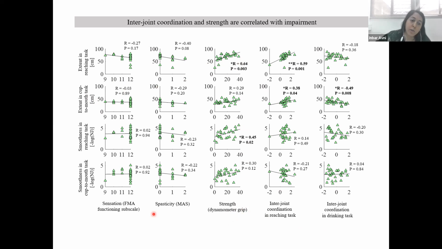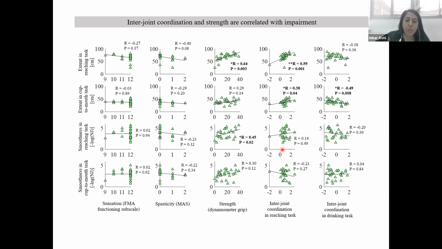And for smoothness, however, you can see actually that only for the reaching task, the strength was significantly correlated. So we take this interjoint coordination measure, and we wanted to explore the underlying sources of what this variance is actually based on.